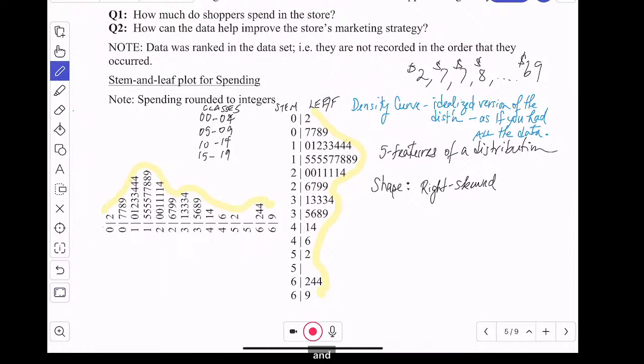And when a distribution is skewed, it influences our measure of center and spread. The statistics we use to measure the expected value, or the center, will differ than if the distribution was symmetric.